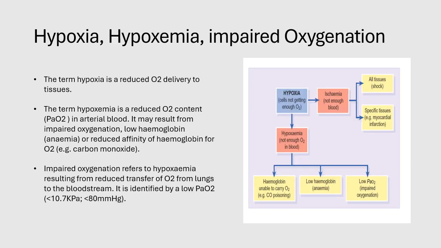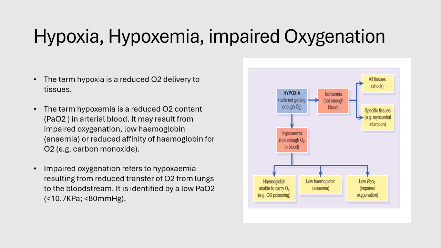The term hypoxia indicates reduced oxygen delivery to tissues. By hypoxemia, it is meant reduced oxygen content, reduced PO2 in arterial blood. This could be the result of impaired oxygenation, of low hemoglobin, or reduced affinity of hemoglobin to oxygen.